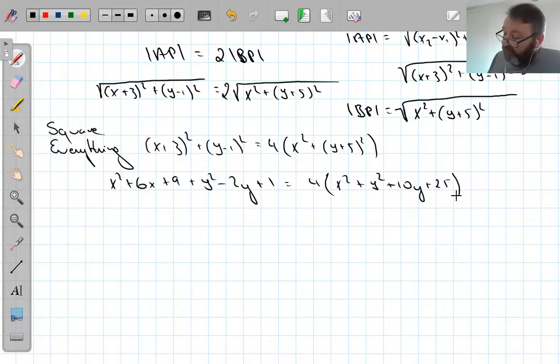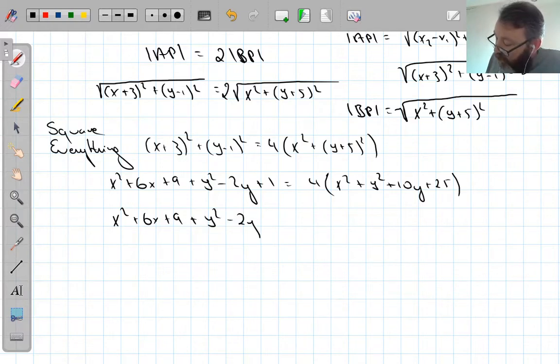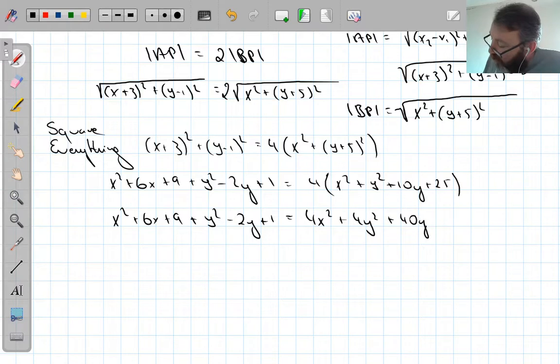And that's it, okay? So what do we get? We get x squared plus 6x plus 9 plus y squared minus 2y plus 1 equals 4x squared, 4y squared, 40y plus 100. Okay, so it doesn't look like anything yet, but here's where the magic happens.